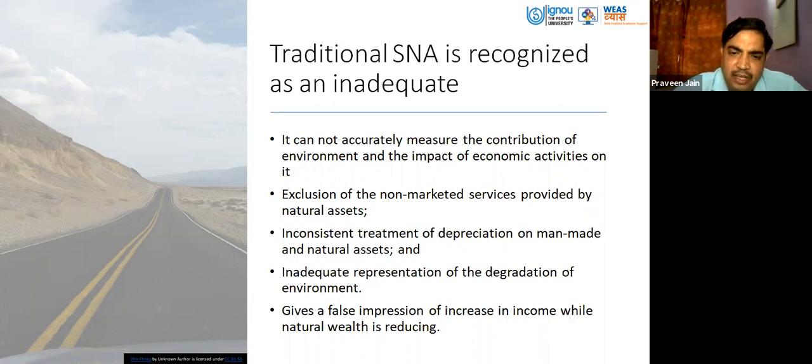So it gives the false impression that our economy is growing, or that per capita income is rising. But when we include our natural wealth in the counting, it may reduce.